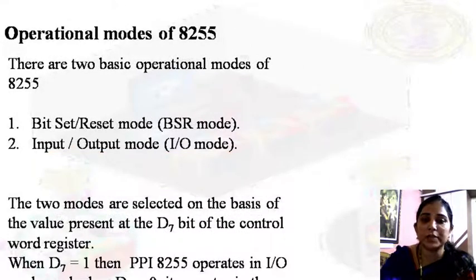Students, we have discussed that there are two modes, BSR mode and IO mode. The main decision is taken by the D7 bit. The D7 bit gives us information about which mode the 8255 is working in. If the D7 bit is 0, it is working in BSR mode. If it is 1, it is working in IO mode.